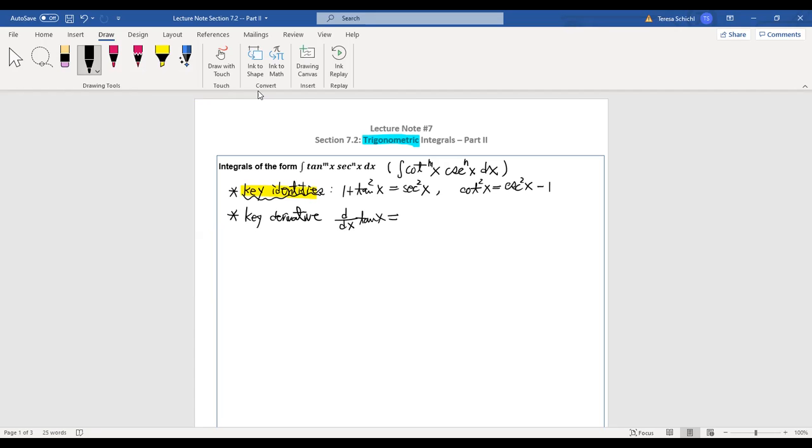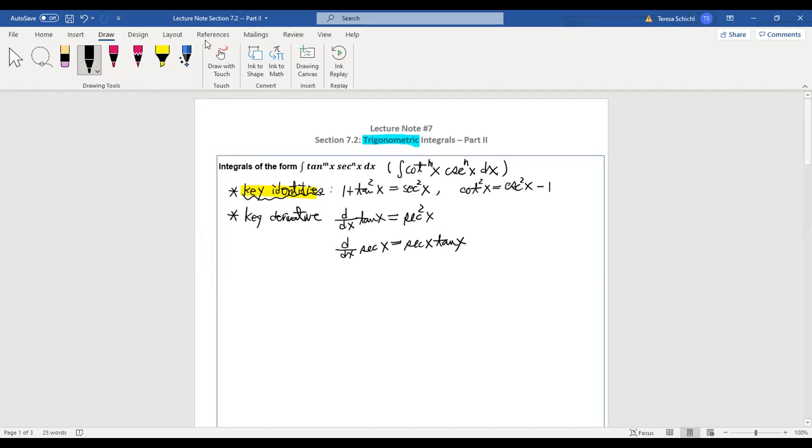If you take the derivative of tangent x, it will be secant squared x. In the same way, if you take the derivative of secant x, you will have secant x tangent x.